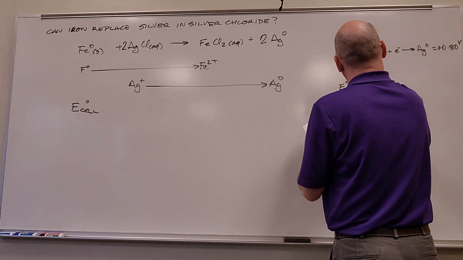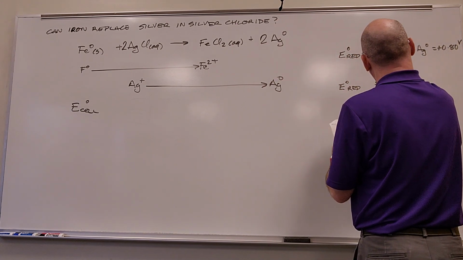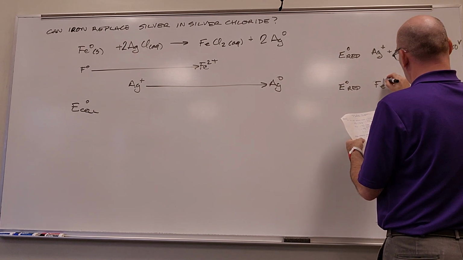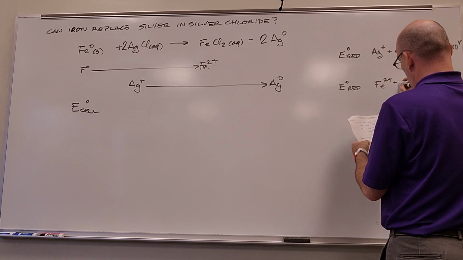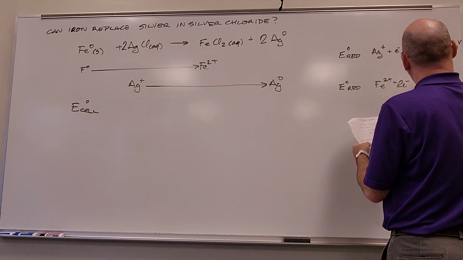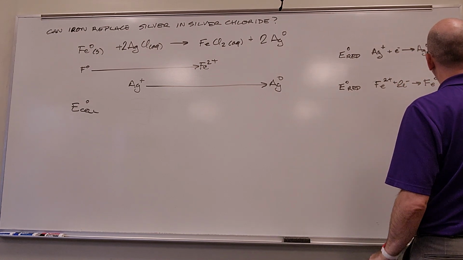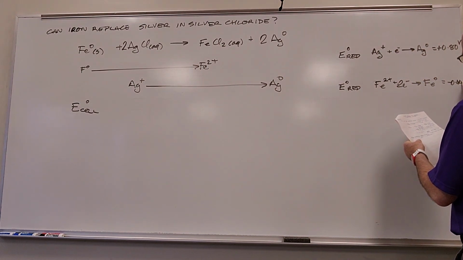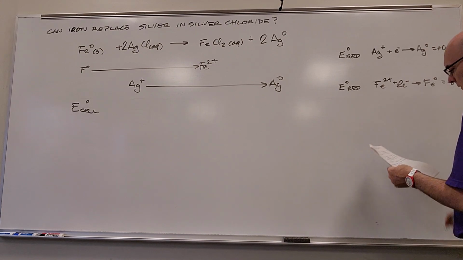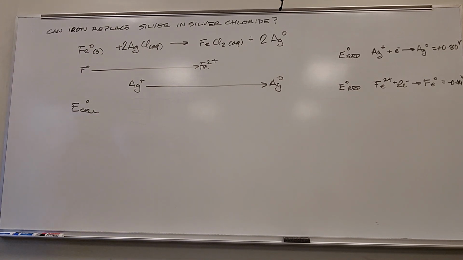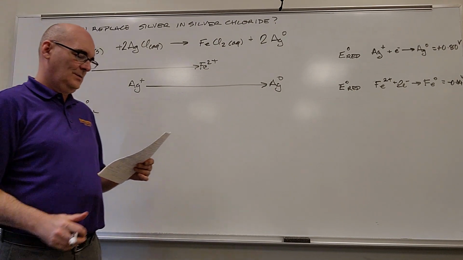And the reduction potential for iron 2+ plus 2 electrons goes to iron 0, that value is negative 0.44 volts. Which sounds slightly different than the number that you said a minute ago, but that's the number that we're working with.